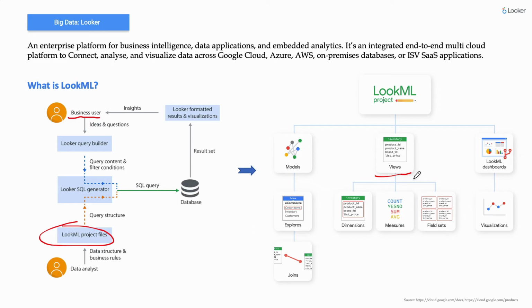So from the model you are going to the next level: dimensions, measures, and field sets. Then of course, the LookML dashboard, which basically brings all of that together and defines how the visualization looks.